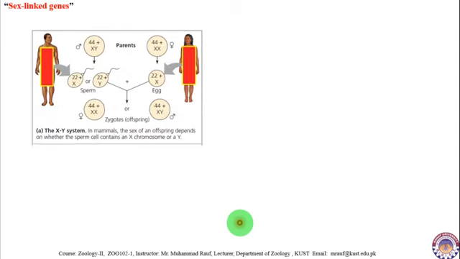This is the human system, and it is pretty much straightforward. 44 autosomes and 1 pair of sex chromosomes, which is XY, heterogametic, 2 different types of gametes. Human female, 44 autosomes, 1 pair of sex chromosomes.